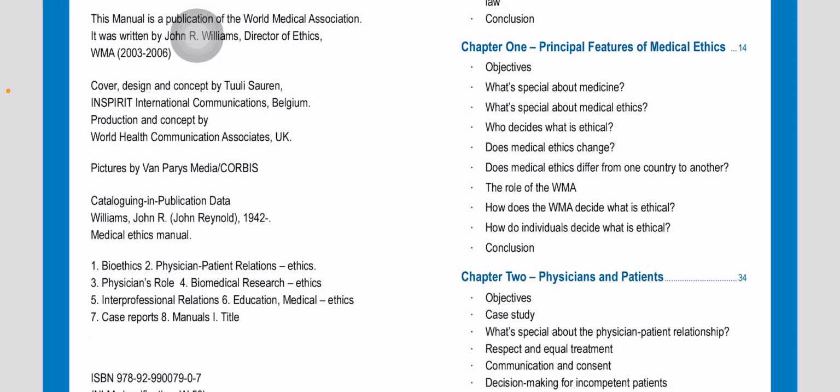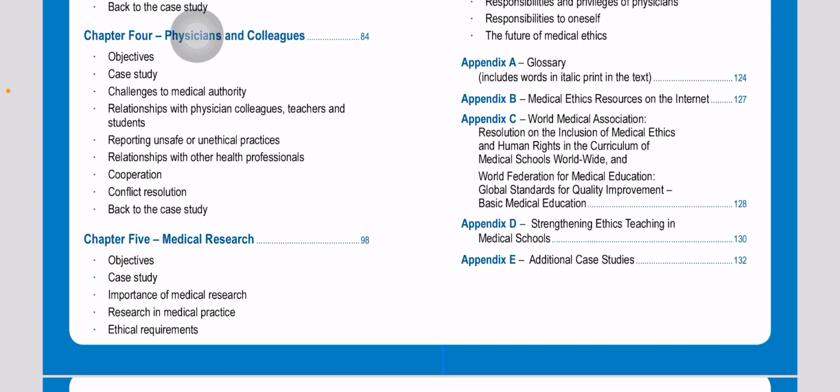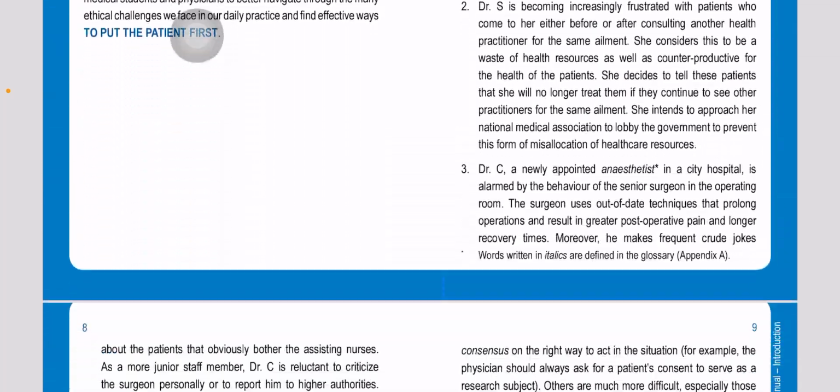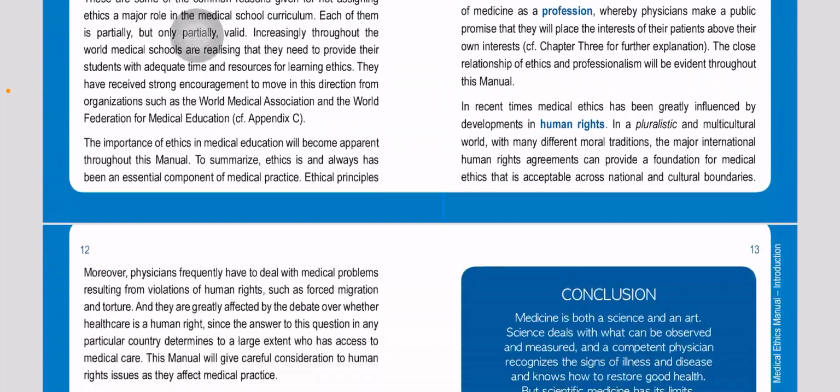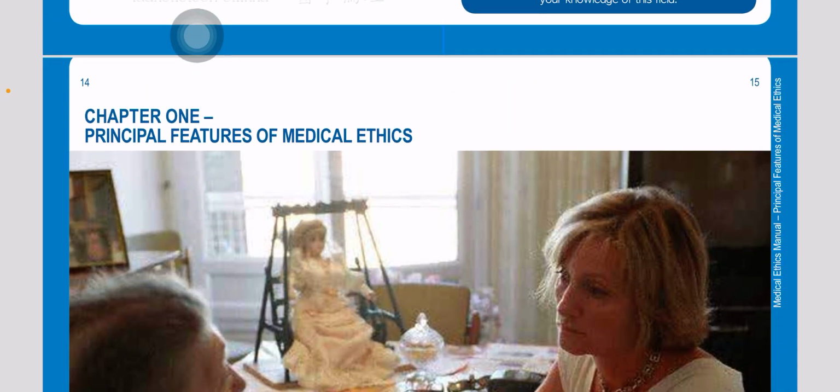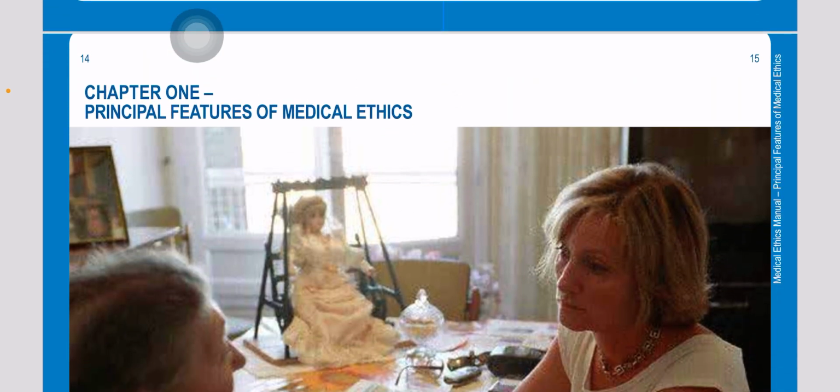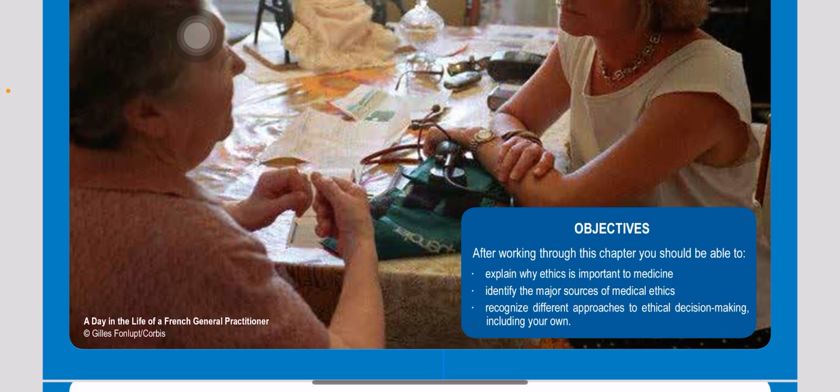Next, how do individuals decide what is ethical? And lastly, we will discuss the conclusion of this chapter. So, we have discussed the introduction. Let's go now to Chapter 1, the principal features of medical ethics.